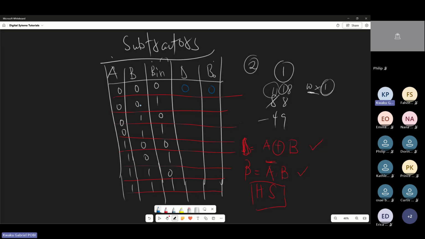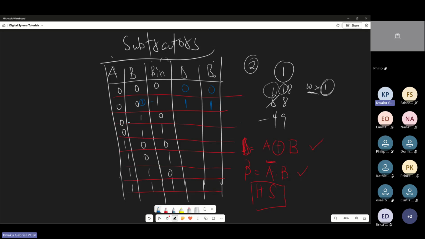Now when you go to the next stage, it is 0 minus 0, which is still 0. Now that 0 minus this one, it can't be. So we would have to go and borrow 1, 2 in a way. So we will go and borrow here. So the borrow B naught will be 1. And then that 2 now will come and subtract this 1 to give us what? A 1 here. That's how we do it.